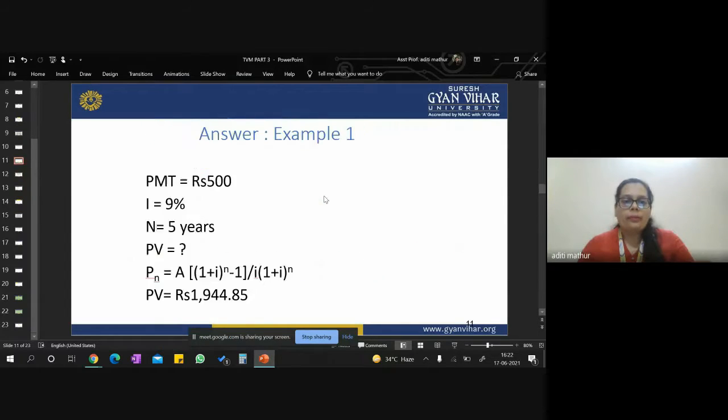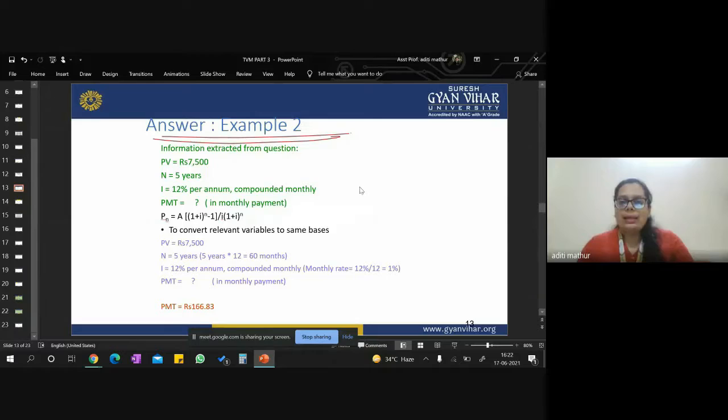So your formula is amount into (1 plus I to the power of n minus 1) divided by I into (1 plus I to the power of n), right?